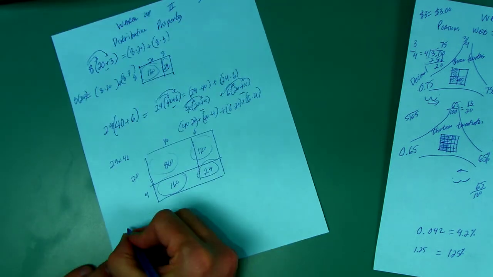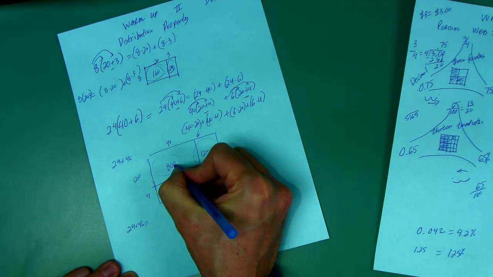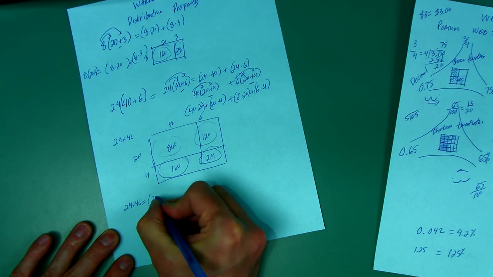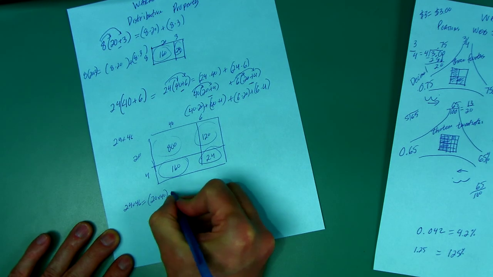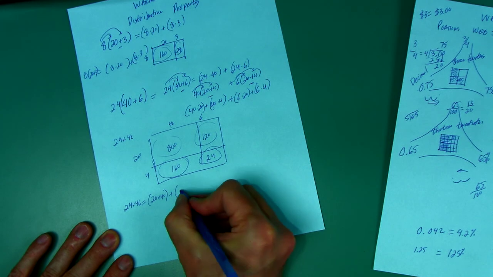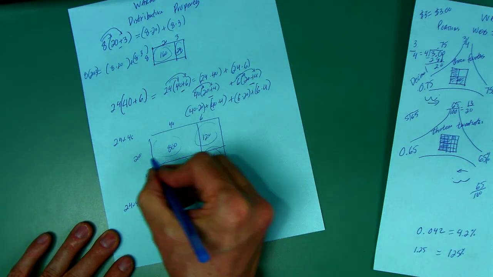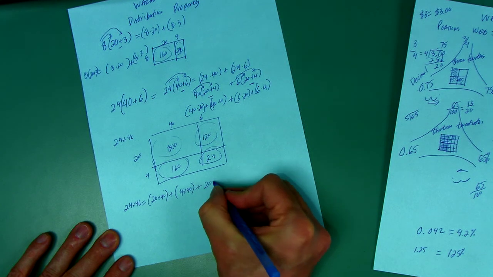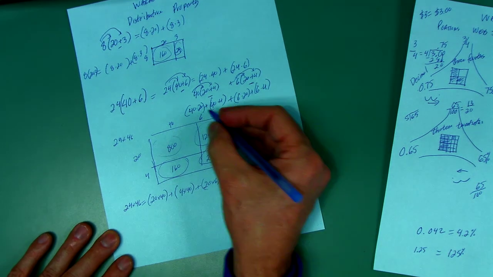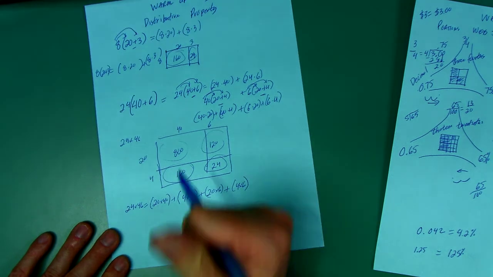Okay, so 24 times 46 equals, how'd I get that 800? 20 times 40, right? Plus, how'd I get that 160? 4 times 40. How'd I get that 120? 20 times 6. And how'd I get that 24? 4 times 6. Okay? That's how you do these.